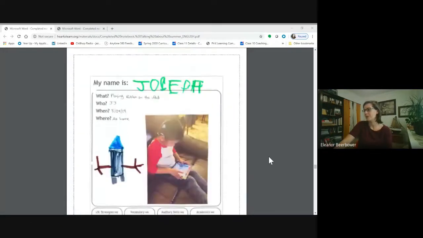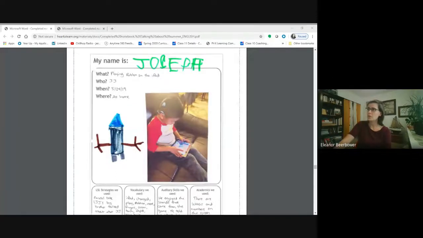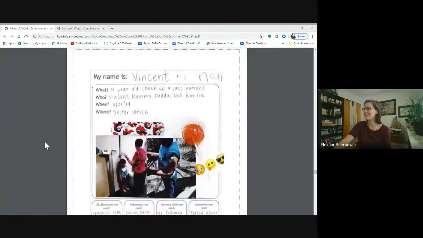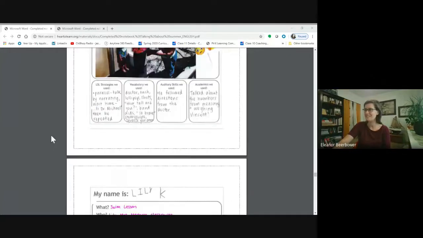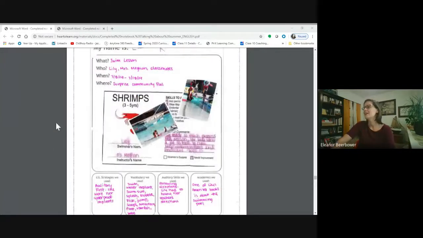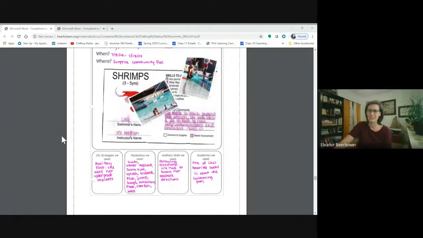Some of them include real pictures or drawings of the pictures. Others include Band-Aids or a real sucker that they got from the doctor office. You'll see real life swimming notes from a swim teacher that a family glued in.